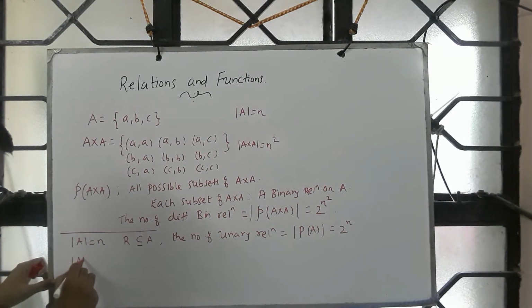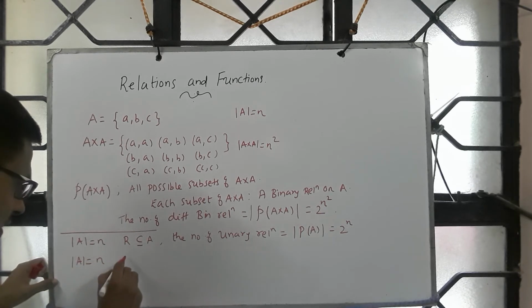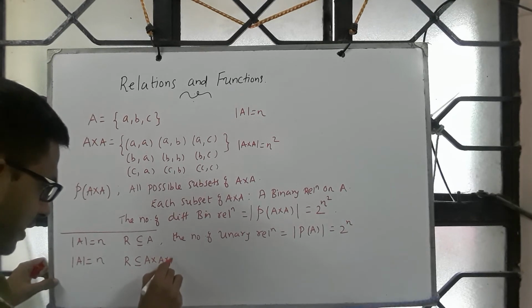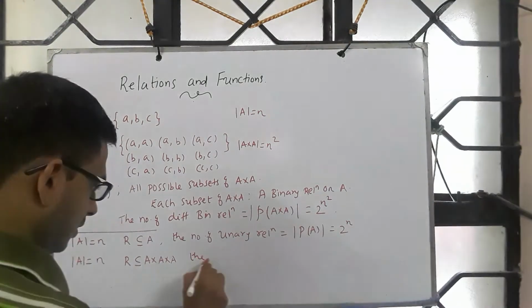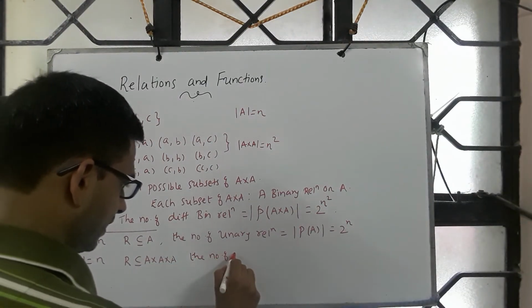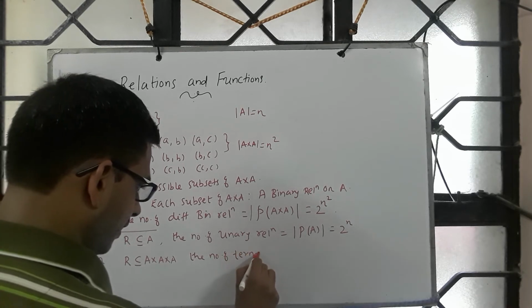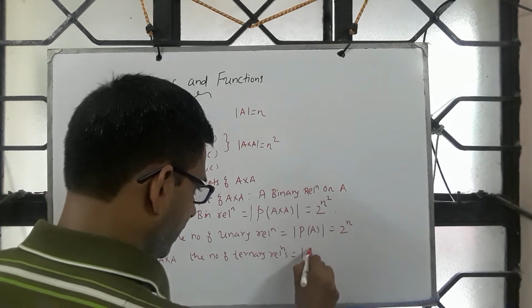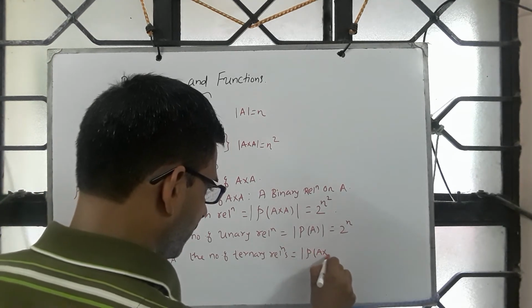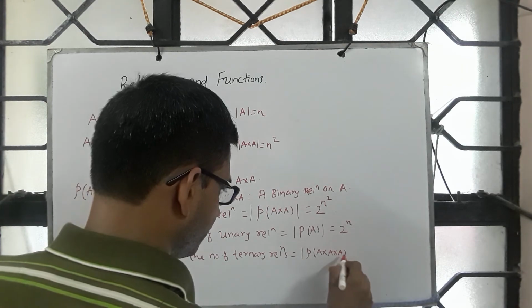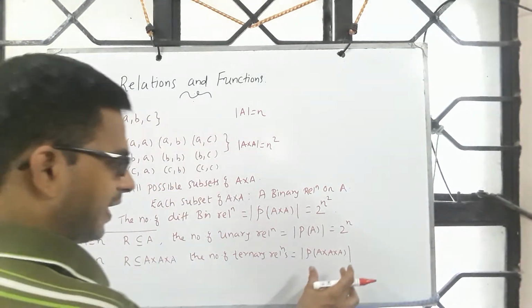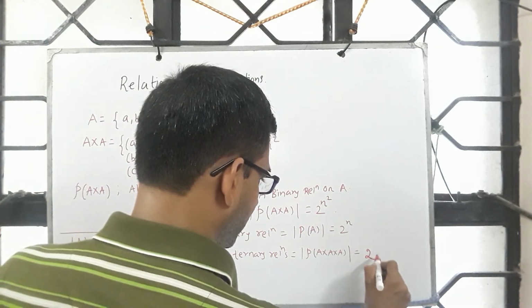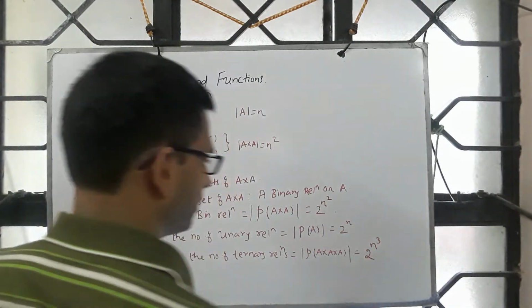So given a set of size n, one can also talk about ternary relations. So the number of different ternary relations is precisely the power set of A cross A cross A, and there will be n cube elements. Its power set will contain 2 power n cube elements.